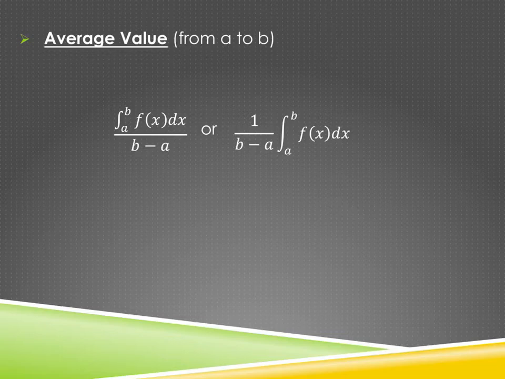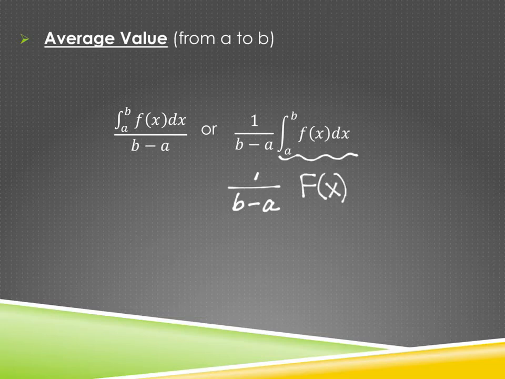Let me actually show you what this means to do algebraically, because we haven't talked about that part yet. The 1 over B minus A is exactly the same in the front. It's this piece that I want to clarify. It says find the antiderivative. We're going to call it F of x with a capital F. We talked about that notation last time. And we're going to evaluate it. This vertical bar is an evaluation bar.